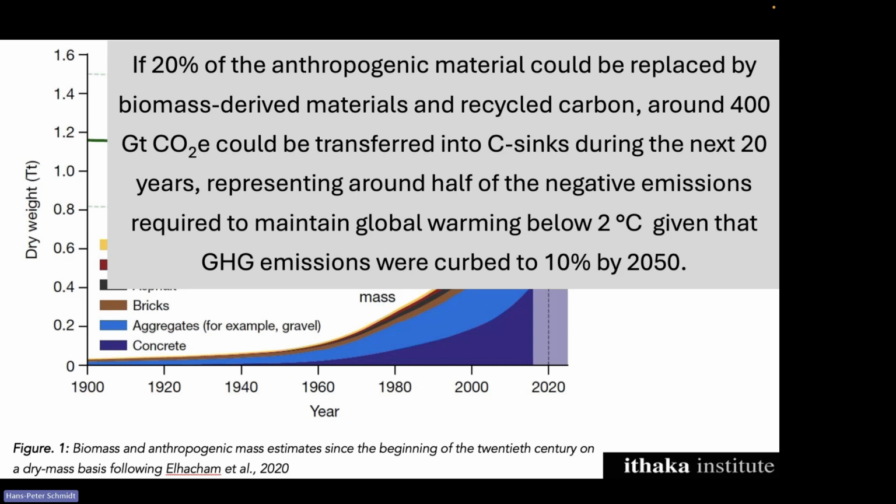In fact, we could probably only with the built environment, only with materials that we build onto this globe, if we use natural carbon materials, stop climate change only with the building industry, which seems just incredible. But those are the numbers.